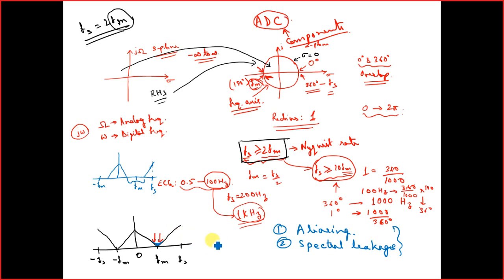In aliasing also you will find that there is mixing of the low frequency component with the high frequency component. In spectral leakage also you will find the same thing. However, technically they are different. Why are they different? Aliasing happens if you are not limiting, or not defining, the fm. How would you define it? You would define it by using the anti-aliasing filter.